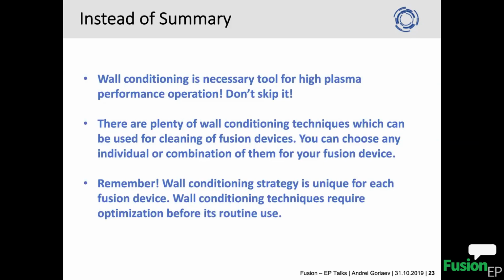We are upgrading this device in order to study wall conditioning: to compare different wall conditioning techniques, to find the optimal parameters, to study a little bit of plasma wall interaction, plasma material interaction, and to educate students to install different diagnostics.